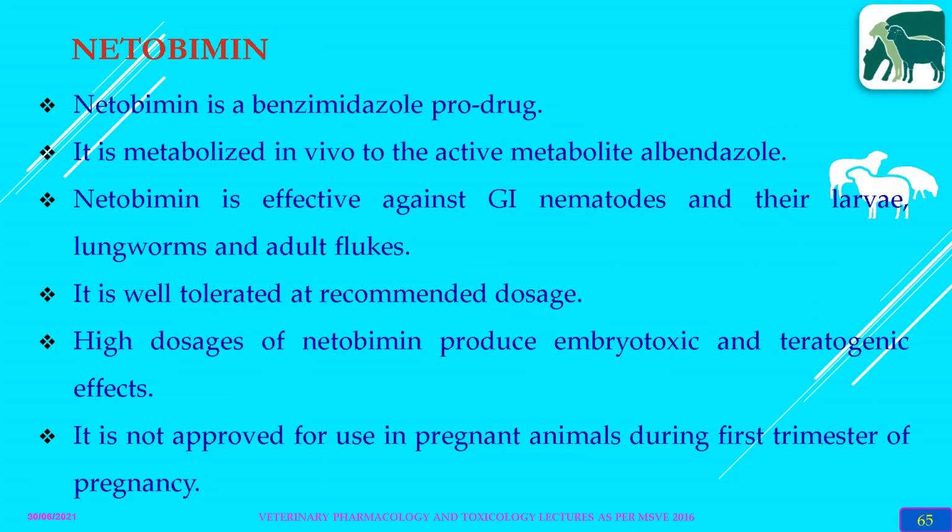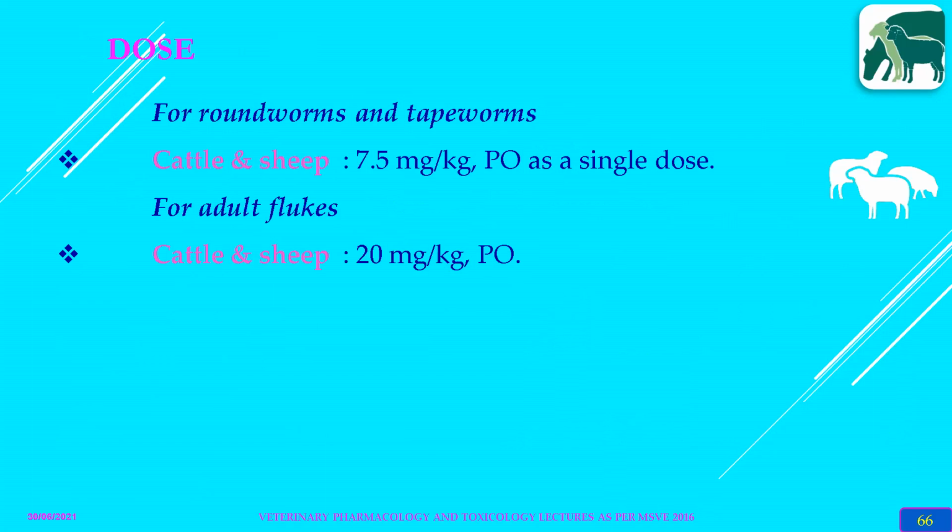So it is not used in pregnant animals during the first trimester of pregnancy, whereas fenbendazole is okay, and albendazole is also not recommended. The dose, as I already told, for most of the benzimidazoles and prodrugs is 7.5 to 10 milligrams. Of course, here it is cattle and sheep 20 milligram per kg orally.